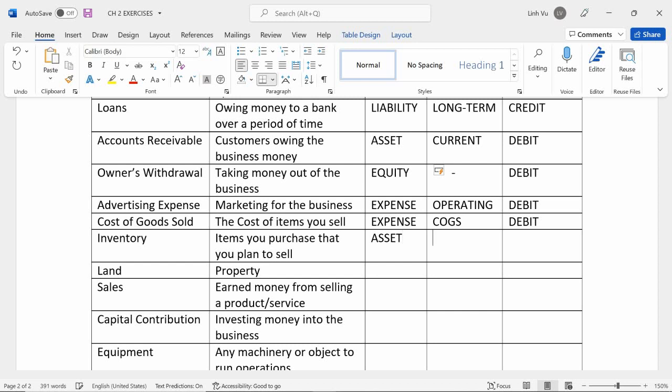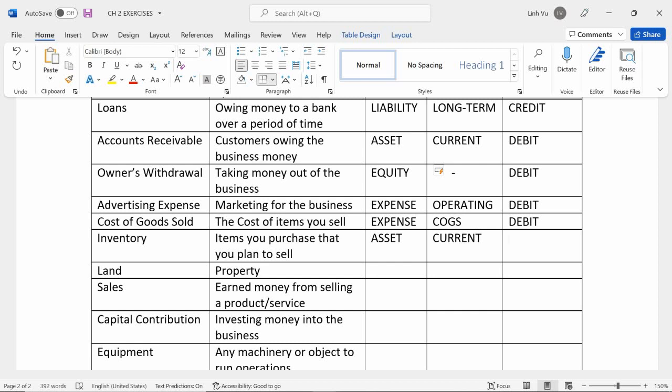Now in this case, what kind of asset would an inventory item be? Current. It would be current because you can turn it around and sell it for cash. Good.